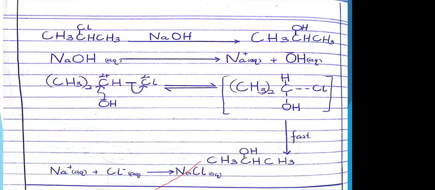We are supposed to put an arrow here showing how we lose it, and we form an alcohol, as you can see. Then you can continue and terminate the mechanism by getting this sodium here plus the chloride, which was lost, and then you form sodium chloride as you are terminating the mechanism. So that is about nucleophilic substitution. Those questions you can put in the chat room, and I can answer them.